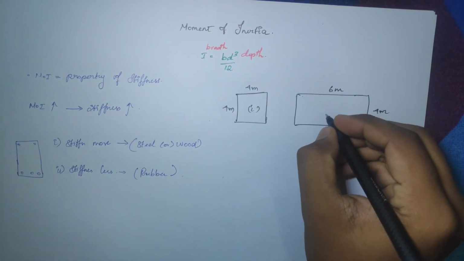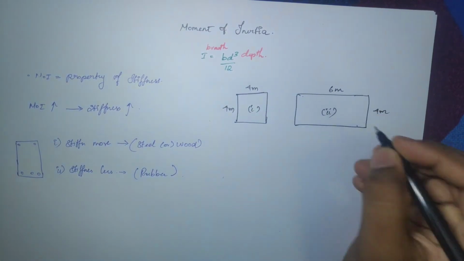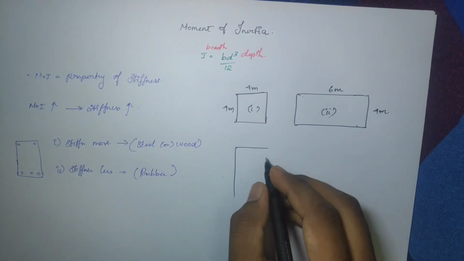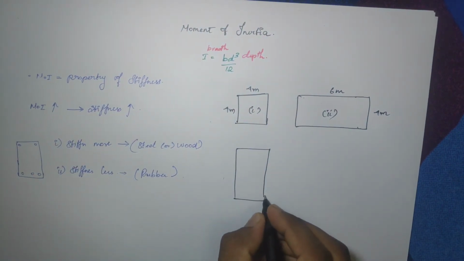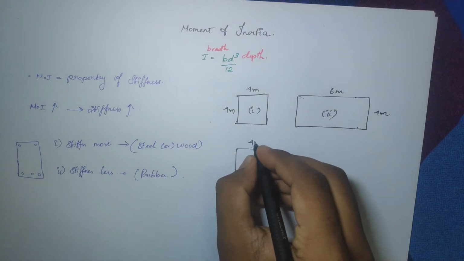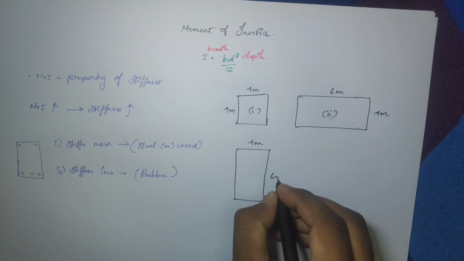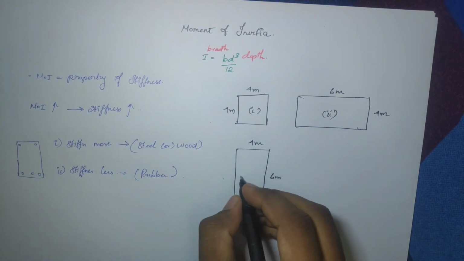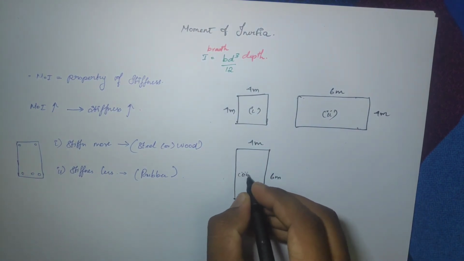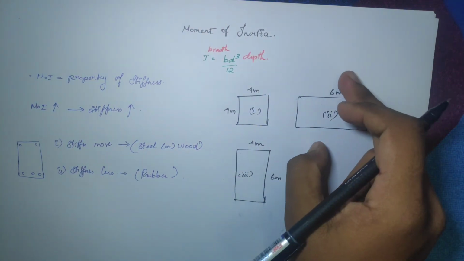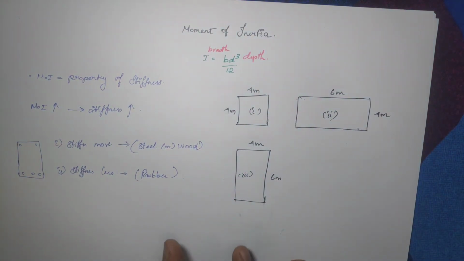This is the second example. And I'll also show you a third example of a beam which has more depth but the same width: the width is 4 meter and the depth is 6 meter. If you compare the third example and the second example, the only difference is that it has been rotated 90 degrees.